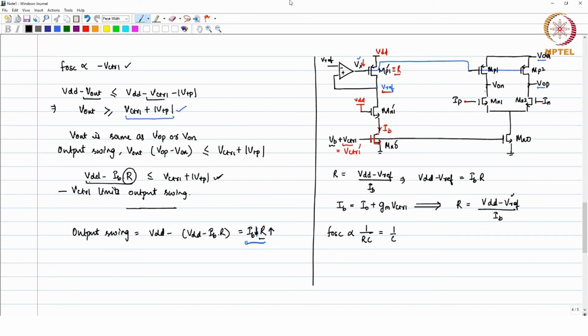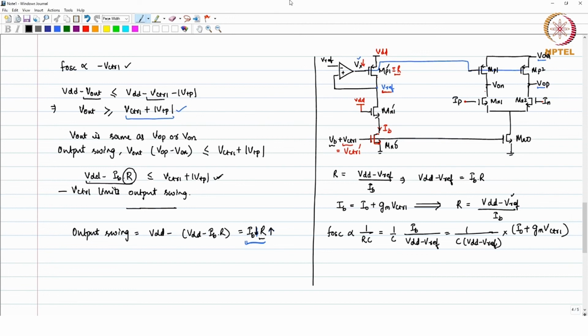Now, C will remain here, R is nothing but VDD minus Vref divided by IB. You have VDD minus Vref as fixed, and IB is nothing but I naught plus GM times V control.